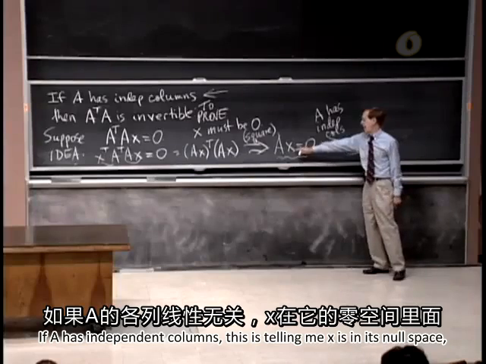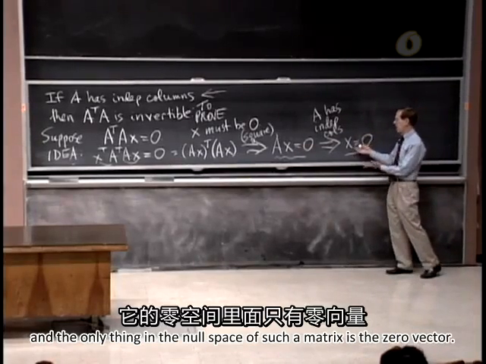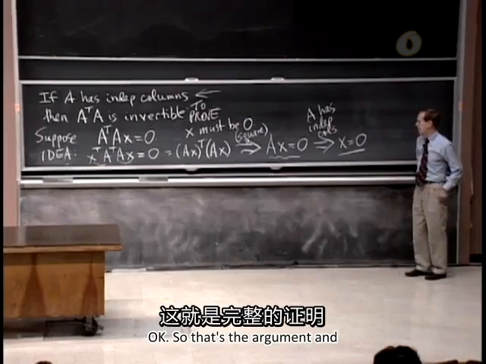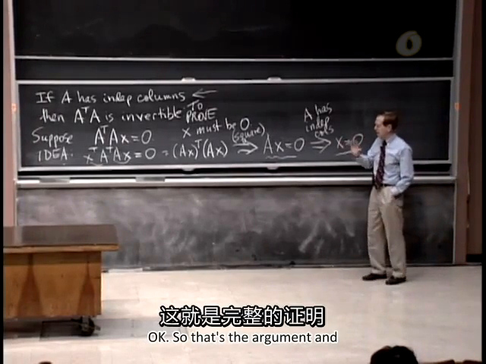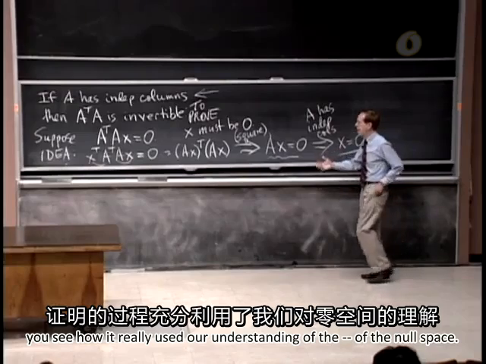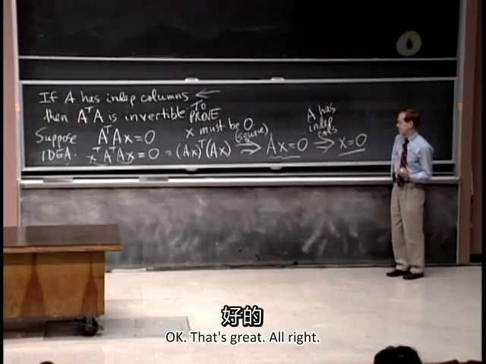This is telling me x is in its null space, and the only thing in the null space of such a matrix is the 0 vector. Okay. So that's the argument, and you see how it really used our understanding of the null space. Okay, that's great.